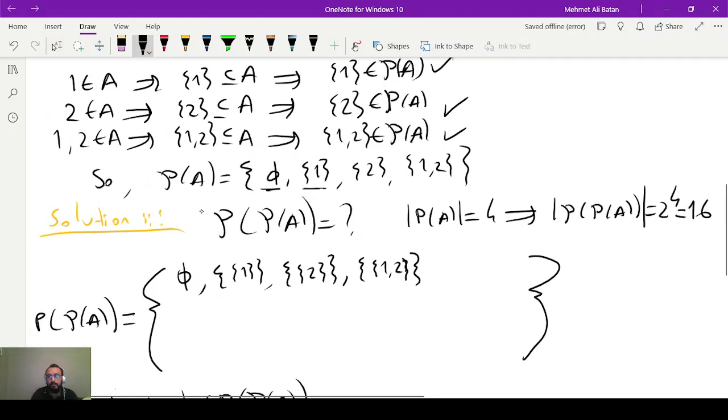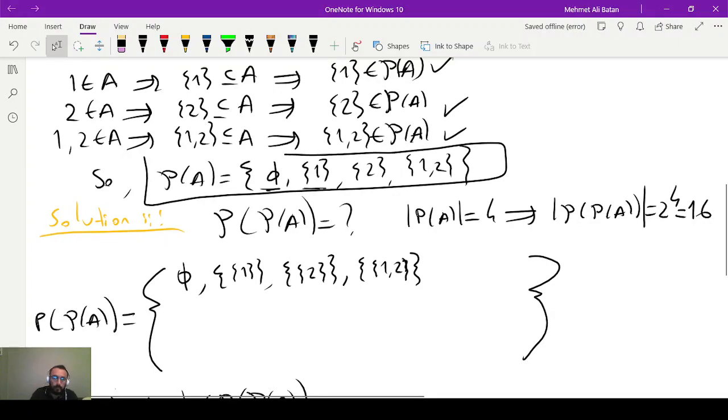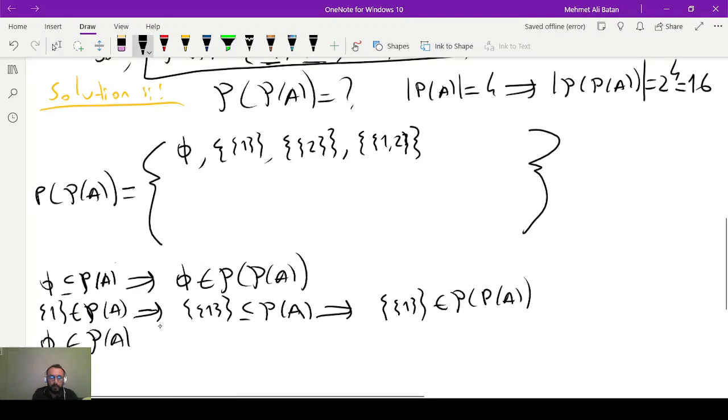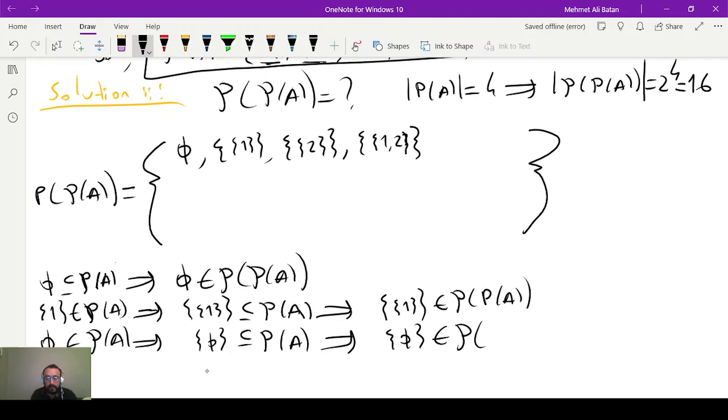You can see here. So when you put it into a set, it will be a subset of the power set of A, and this implies that the set which has the empty set as an element is in the power set of A.